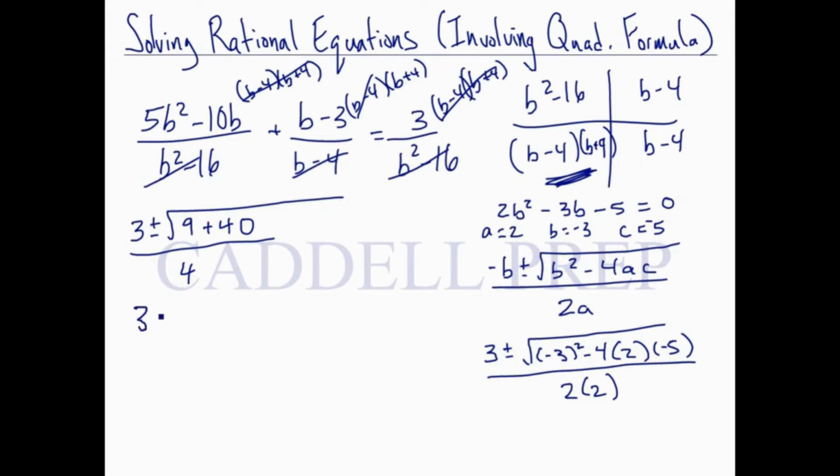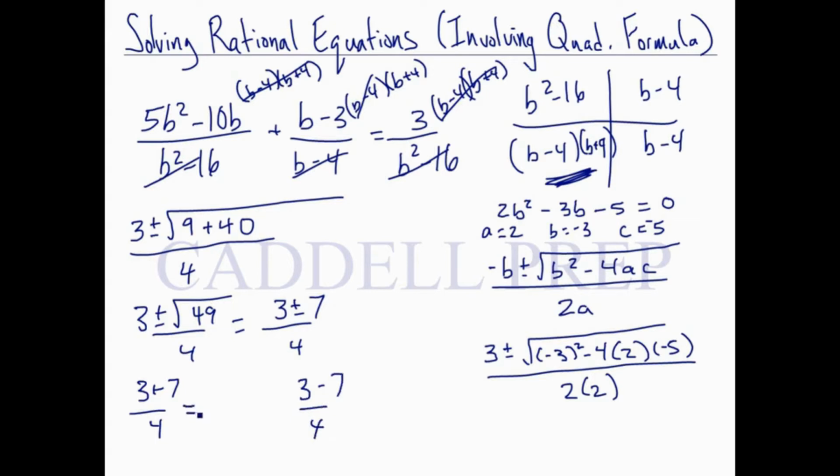Alright, so we have 3 plus or minus the square root of 49 over 4. So we have 3 plus or minus 7 over 4. So we have two different answers. 3 plus 7 over 4 and 3 minus 7 over 4. This is going to be 10 over 4, which is 5 over 2. This will be negative 4 over 4, which is negative 1. So we have two possible answers, 5 over 2 and negative 1.